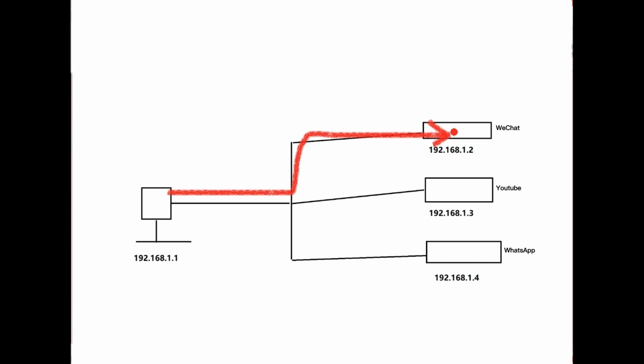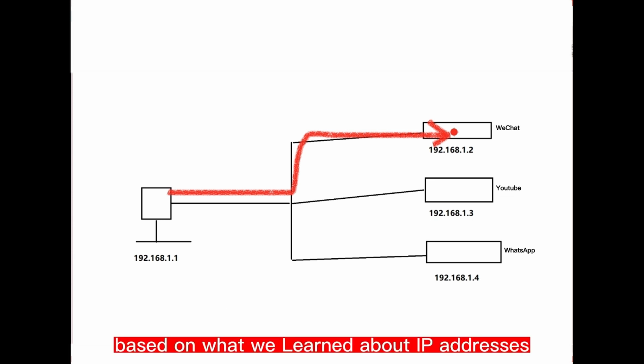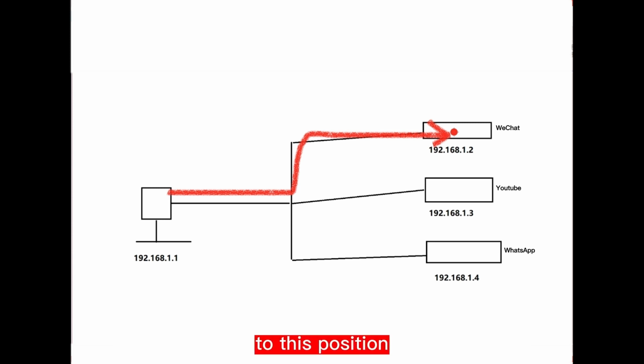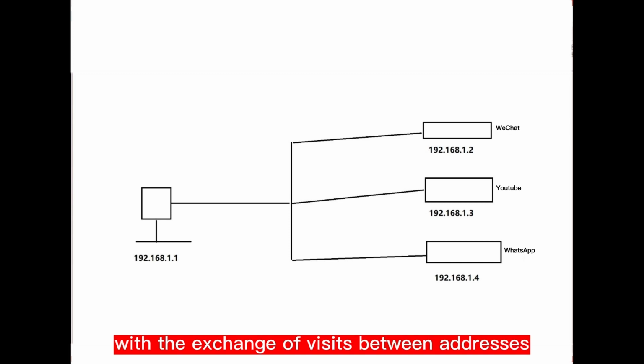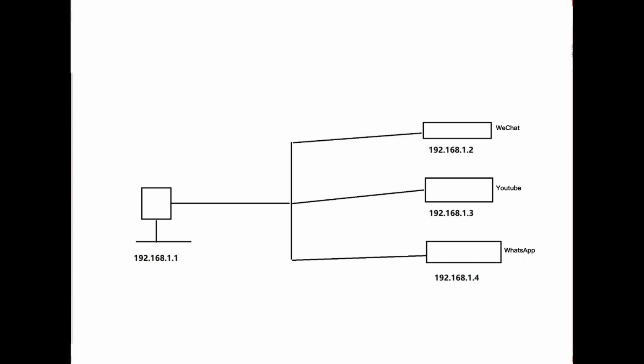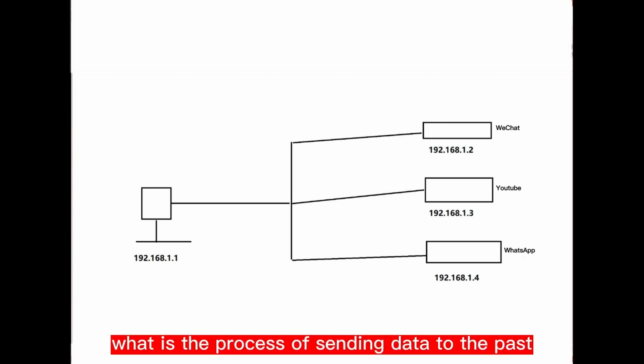Based on what we learned about IP addresses, there is no problem with the exchange of visits between addresses. Data can come. But let's see what the process of sending data is.